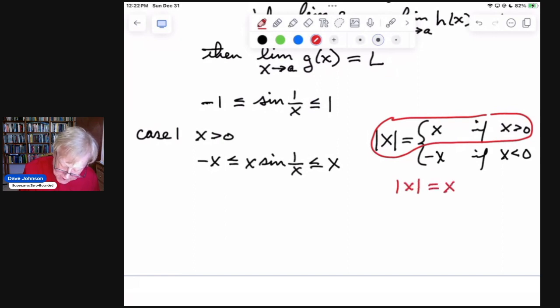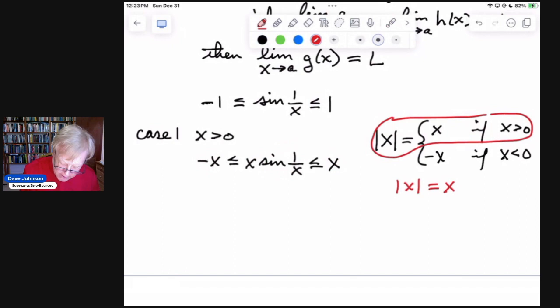And so everywhere I see an x, at least on the outside of the inequality, I'm going to replace it with the absolute value of x. I don't want to replace this one, because then I would be changing the function that I want to find the limit of. So I'm only going to substitute for this part here and this part here.